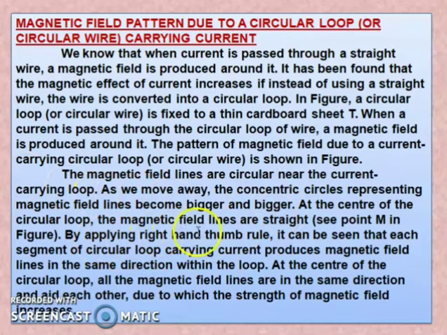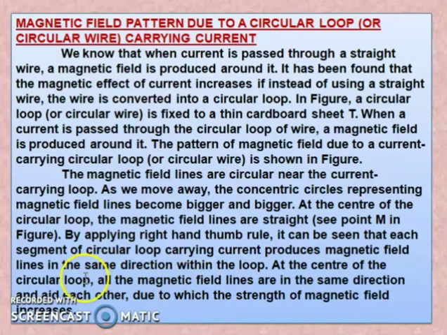By applying the right hand thumb rule, it can be seen that each segment of the circular loop carrying current produces magnetic field lines in the same direction within the loop.